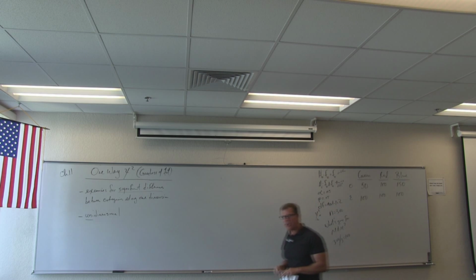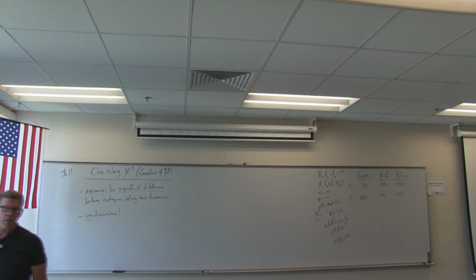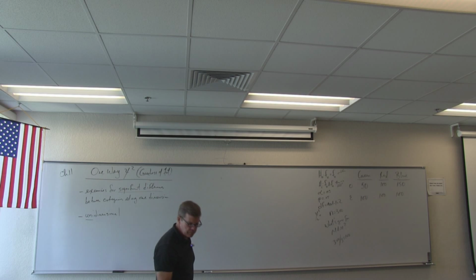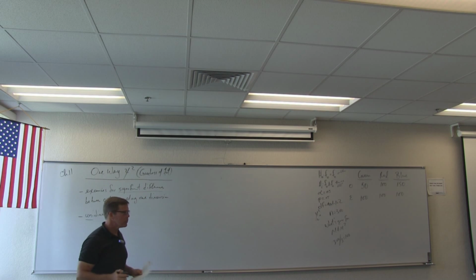We go to the back of our textbooks to page C23. On page C23, we have a table of chi-square critical values.